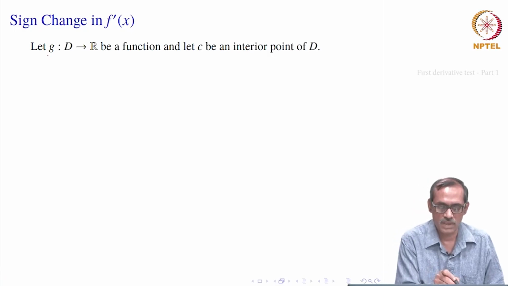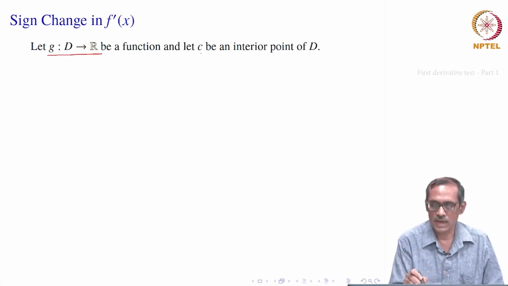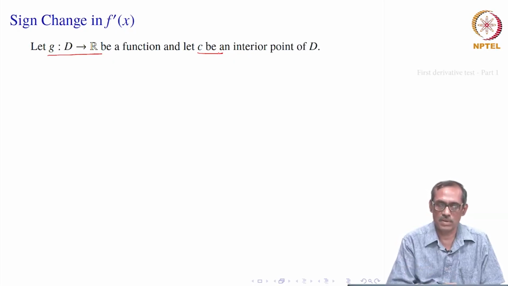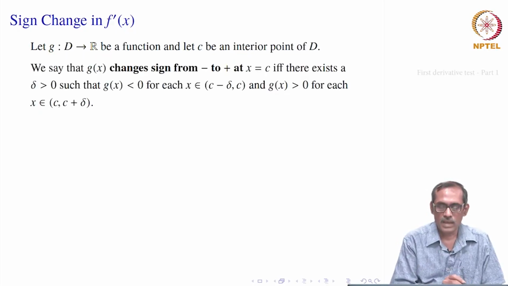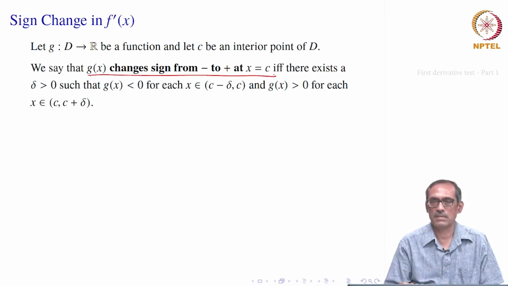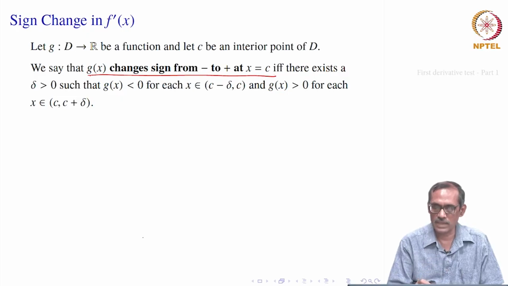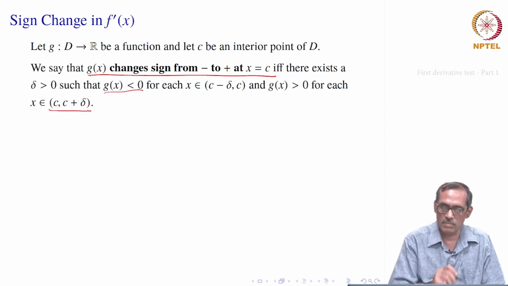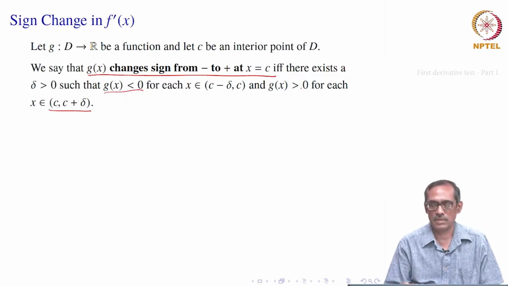Suppose we have a function g from D to R and let c be an interior point of D. At the interior points only we are going to consider the critical points. We say that g x changes sign from minus to plus at x equal to c if there is a neighborhood of c: in the left neighborhood c minus delta to c, g x is less than 0, and in the right neighborhood c to c plus delta, g x is greater than 0.